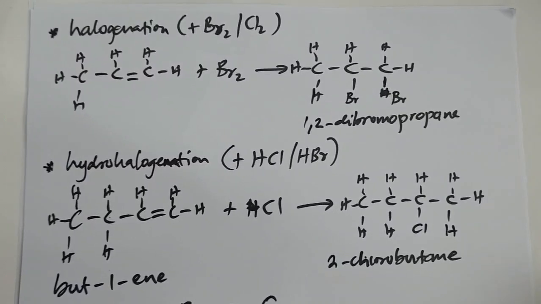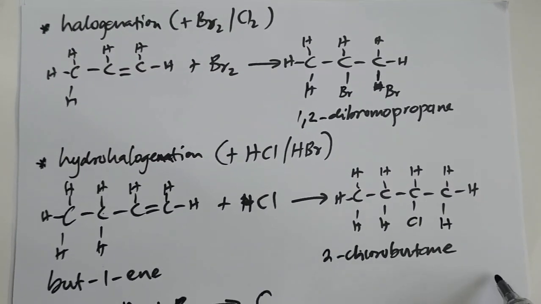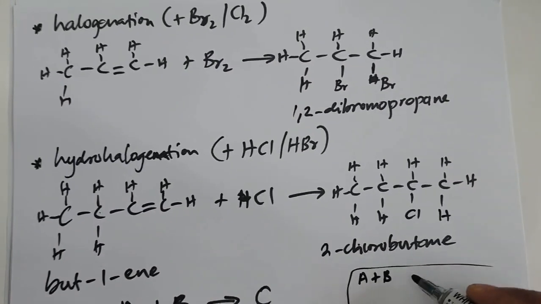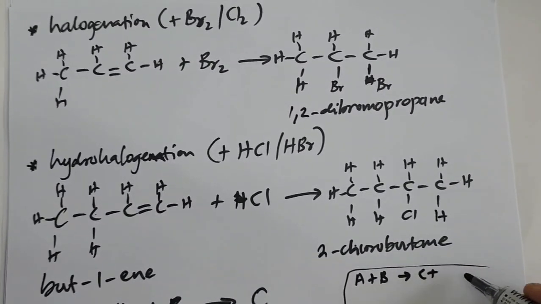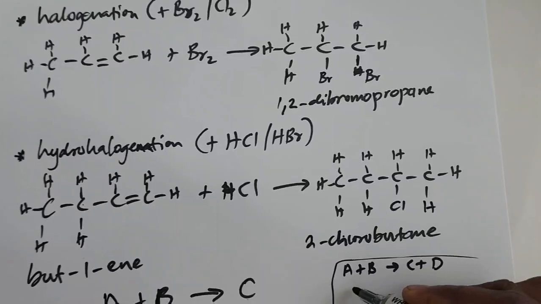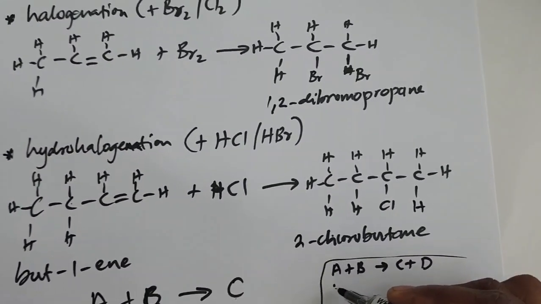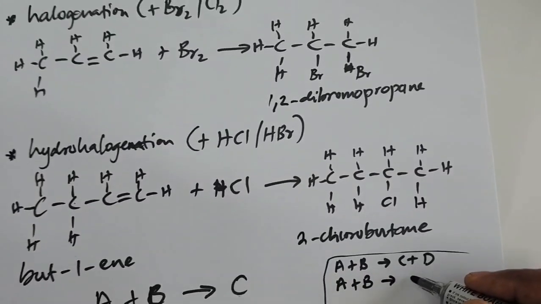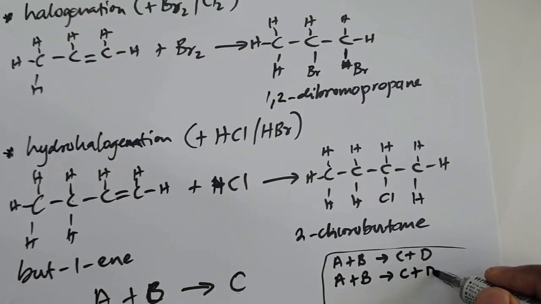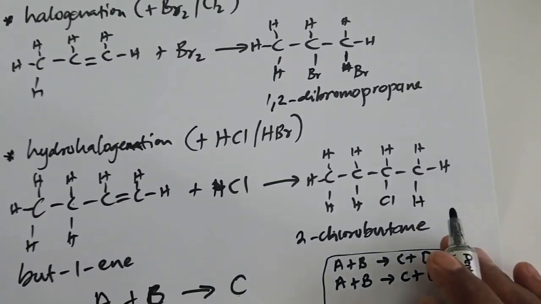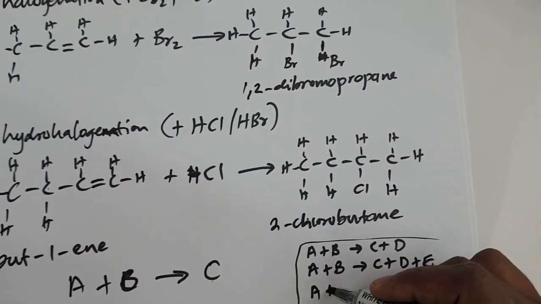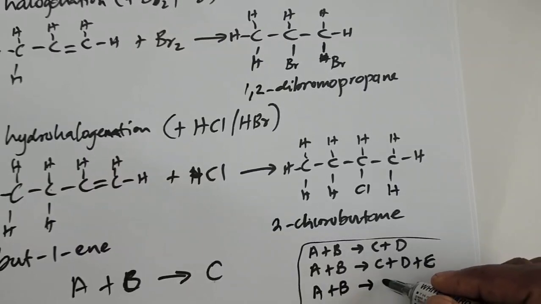So in a nutshell, if you still remember, we said substitution: if it's A plus B, I will have C plus D. Elimination: if I've got A plus B, I will have C plus D plus E. That is elimination. And then addition: if I've got A plus B, then I will form only C.